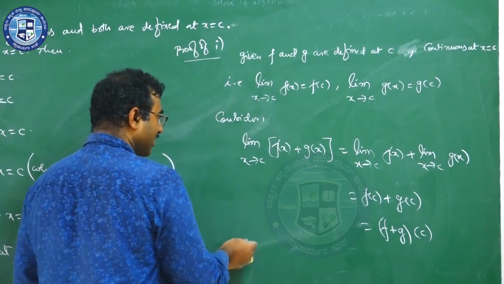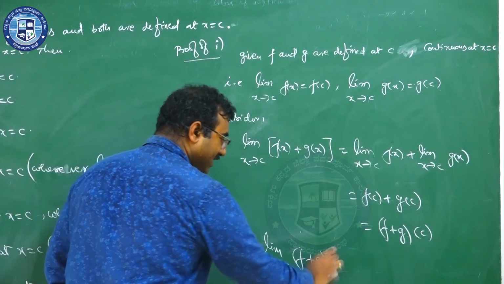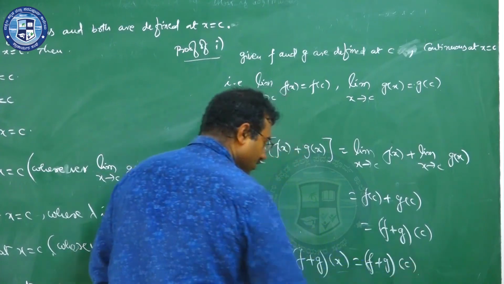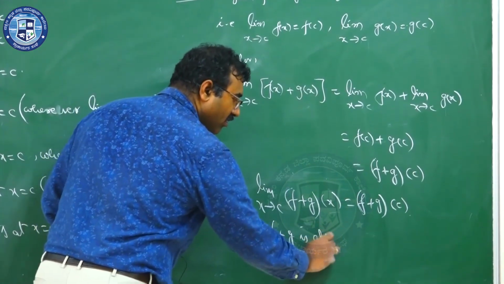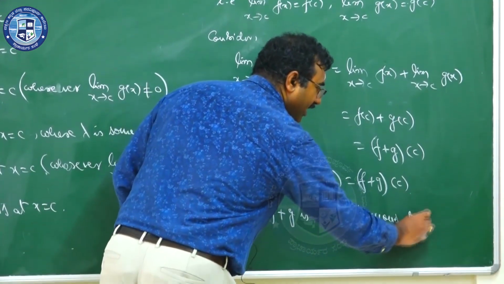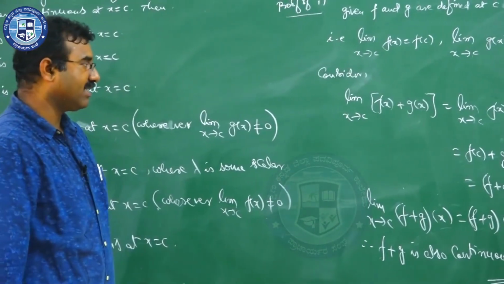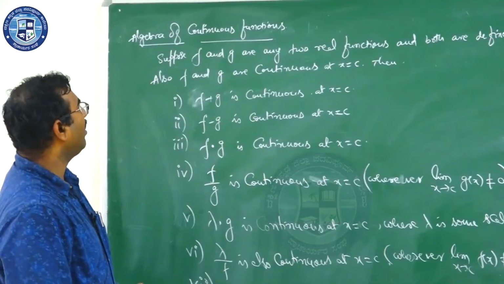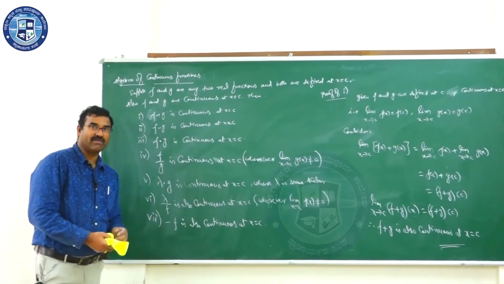That means limit x tends to C of (f plus g)(x) is equal to (f plus g)(C). Therefore f plus g is also continuous at x equal to C. Similarly, you can prove all these things. So this is the algebra of continuous functions. Based on this, we will work out various problems.